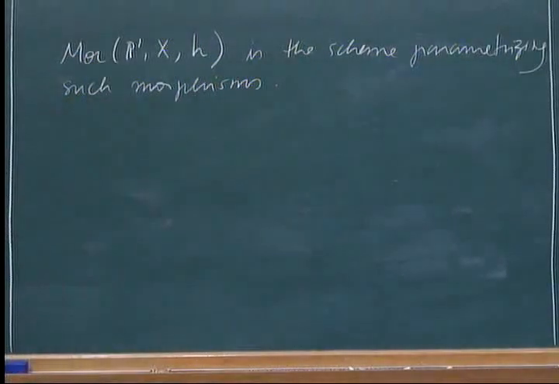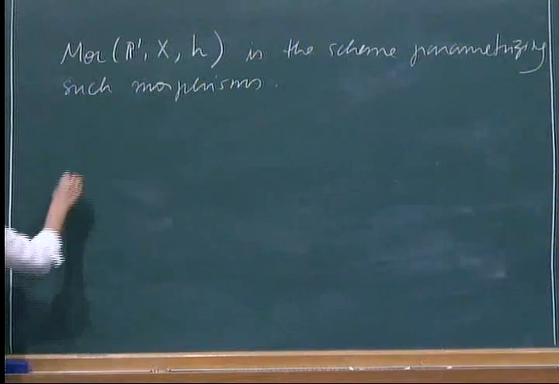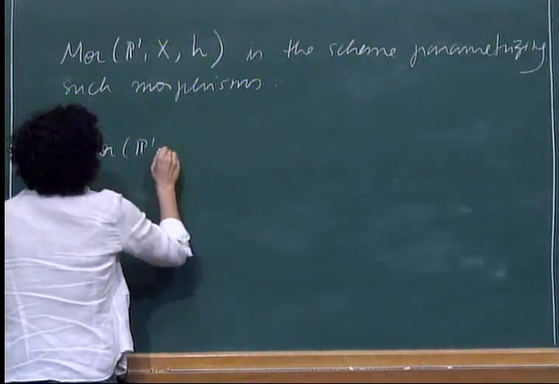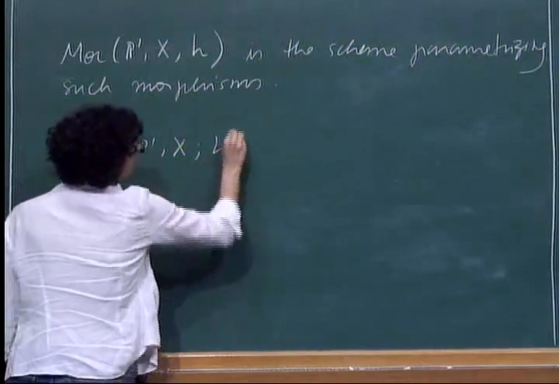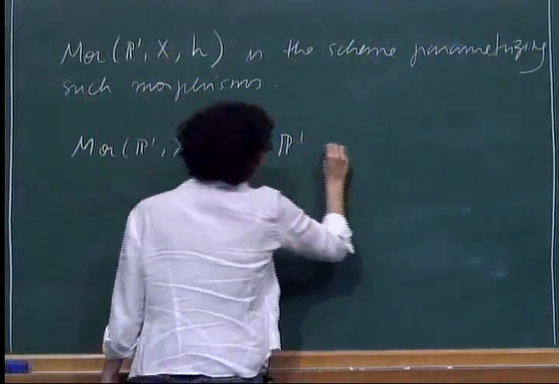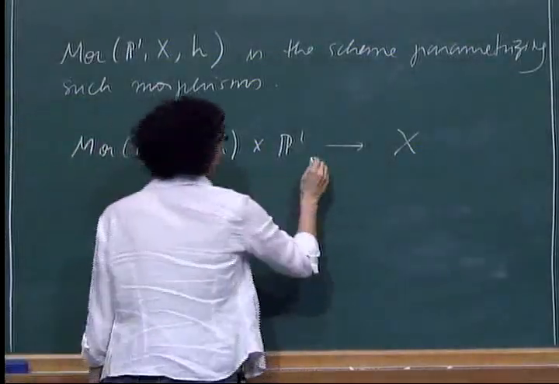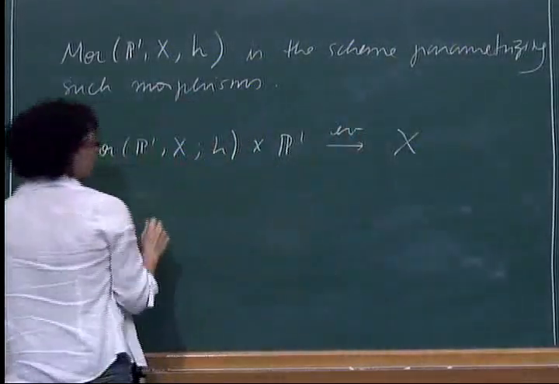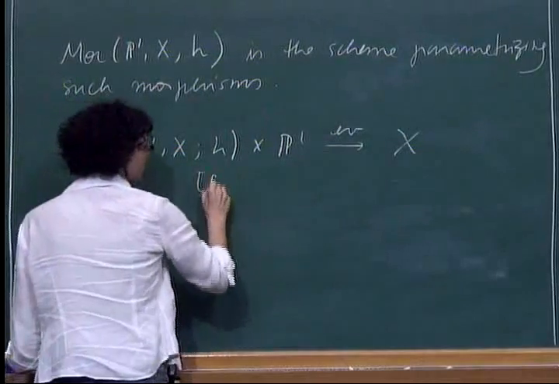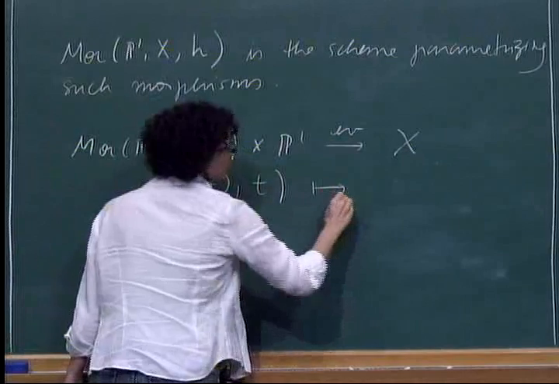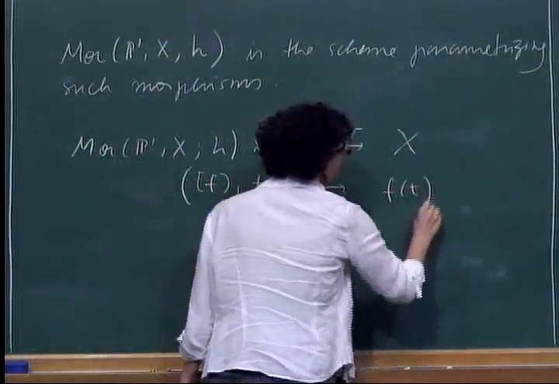Let me recall that this scheme comes with a universal morphism. We have an evaluation map from the space of morphisms cross P1 to X, which sends a point corresponding to a morphism F, and T, to F of T.